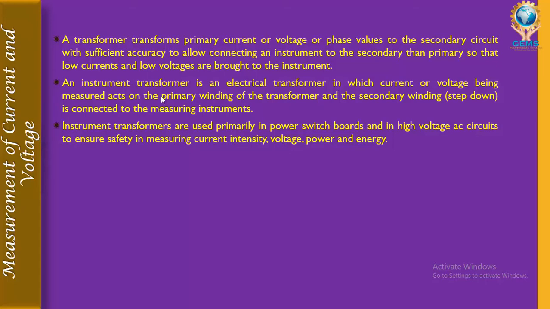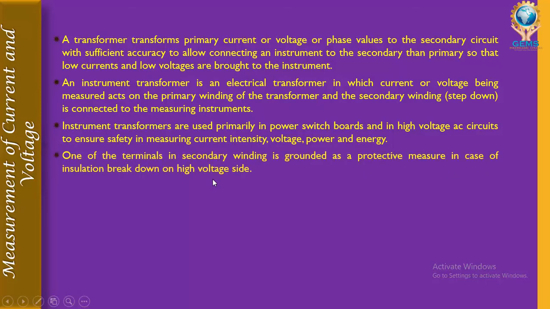So what is the use of an instrument transformer? We use it in power switchboards where we get high voltage supply, in order to ensure safety while measuring current intensity, voltage, power and energy. One of the terminals in the secondary winding is grounded as a protective measure in case of insulation breakdown on the high voltage side.